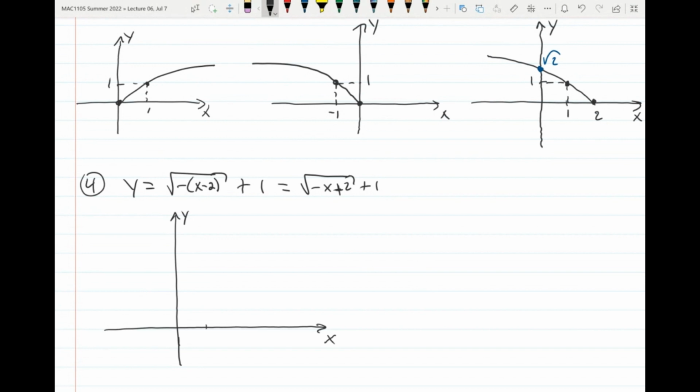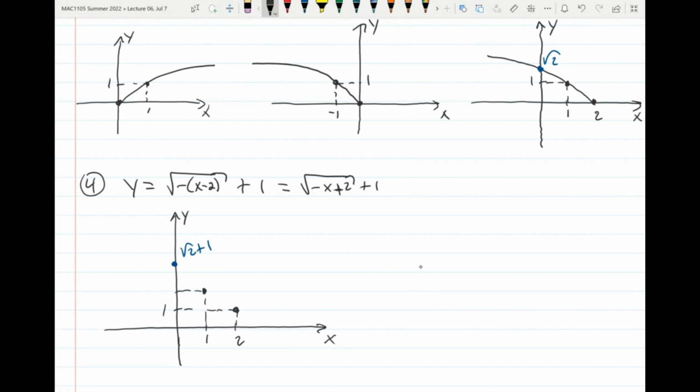So it's going to go up here, 2, 1. Then 1, 1 is going to go up to 1, 2. And then we already have a y-intercept, which is going to go from square root of 2 to square root of 2 plus 1. So that's 3 point something, so that's somewhere in here. Okay? So that's a y-intercept, now we draw.